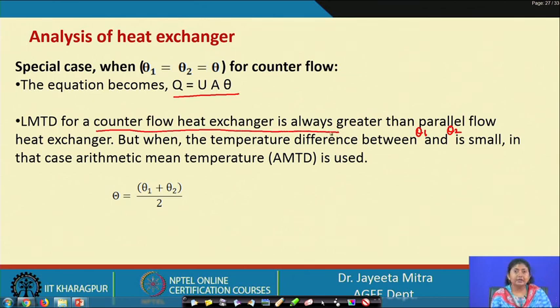That means, if we are getting a higher log mean temperature difference, the area can be reduced, right. So, therefore, for counter flow we require less area compared to parallel flow, okay, for the same temperature distribution.